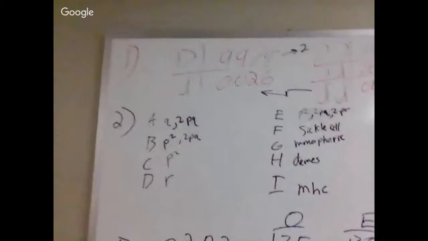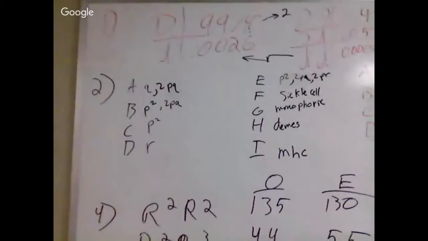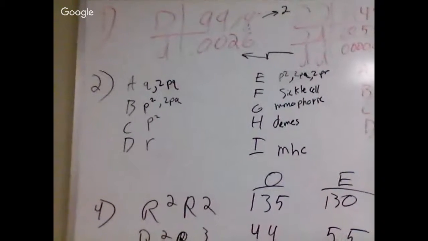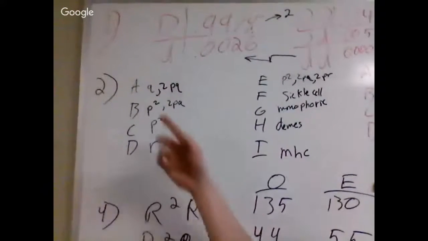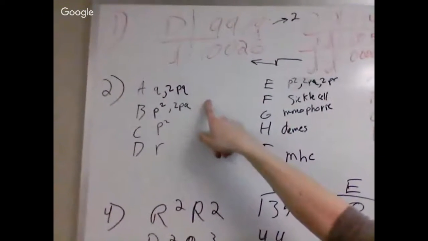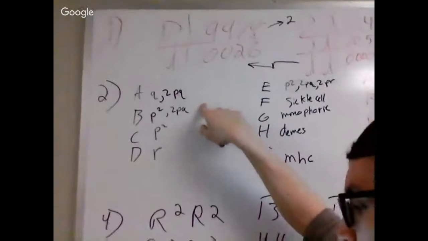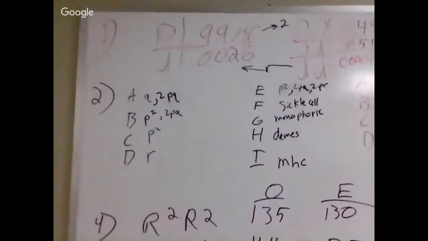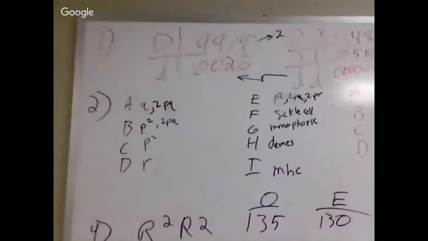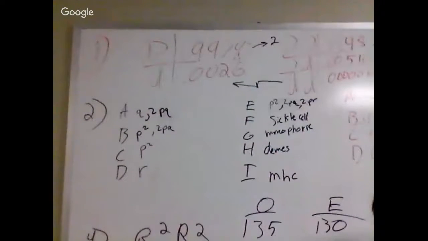All right, so question 2 is fill in the blanks. The term in the Hardy-Weinberg equation that represents the frequency of the IB allele is q. The term in the Hardy-Weinberg equation that represents the frequency of the IB gene is 2pq. For C, the syndrome of an autosomal dominant disorder is 1 in 4,000 individuals.